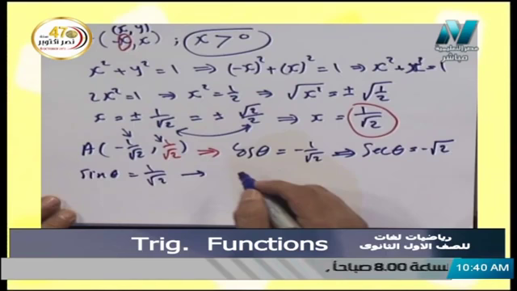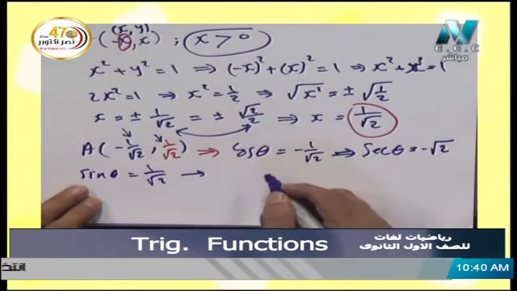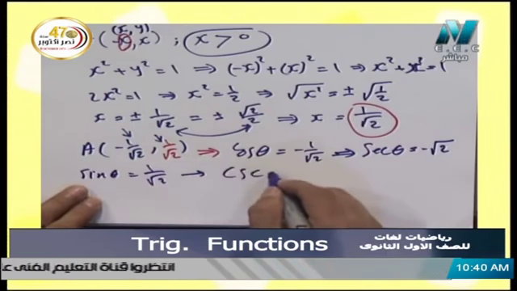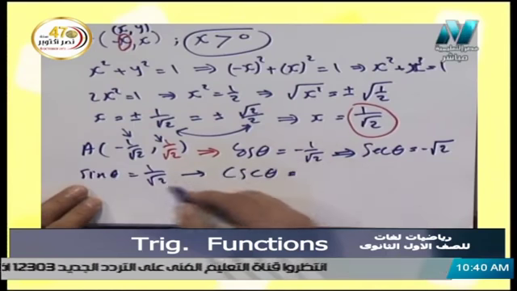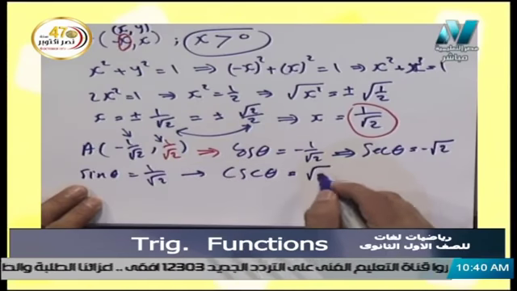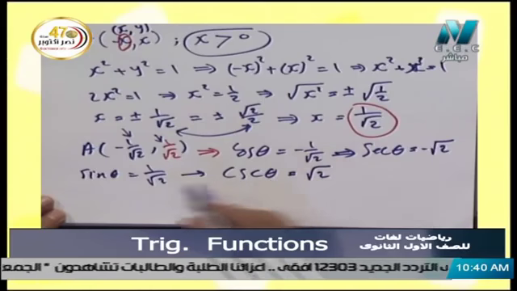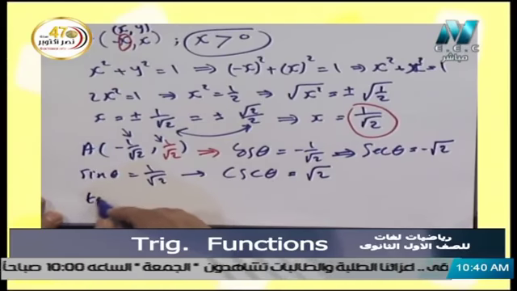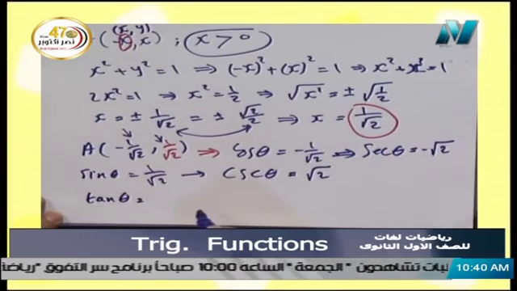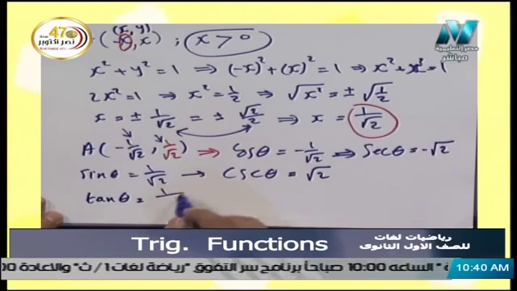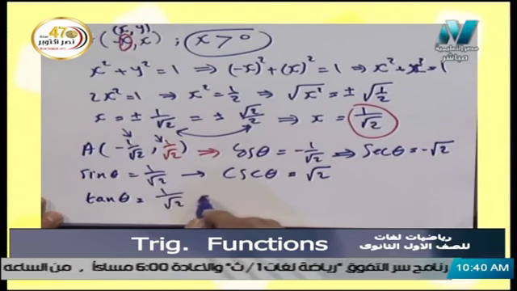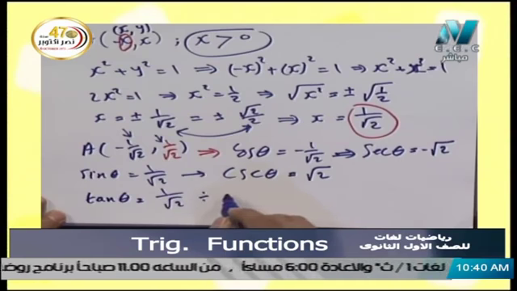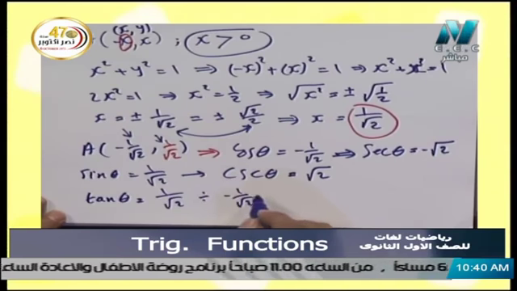And the reciprocal of sine is cosec theta, which is root 2 over 1 equals root 2. And we know that tan theta equals sine theta, which is 1 over root 2, divided by cosine theta, which is negative 1 over root 2.